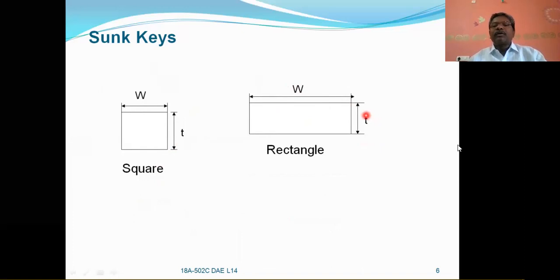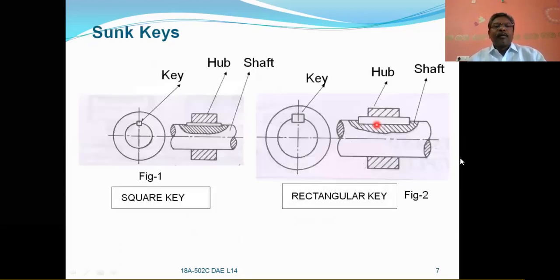Thickness can also be represented in terms of width of the key, that is 2 by 3rd of the width. That means T is equal to 2 by 3rd of W, or D by 6. And here you can see the square key, which has the same width and thickness.